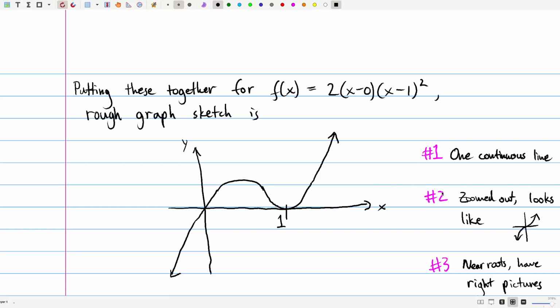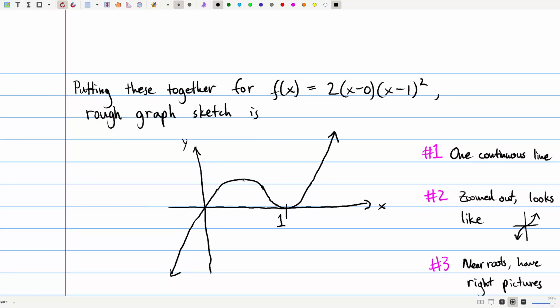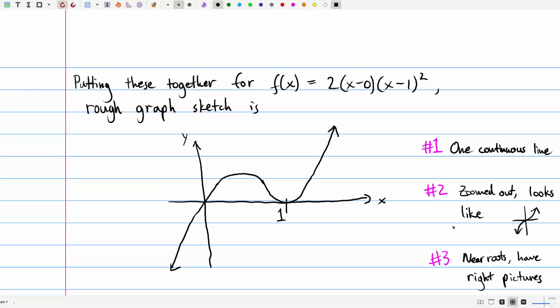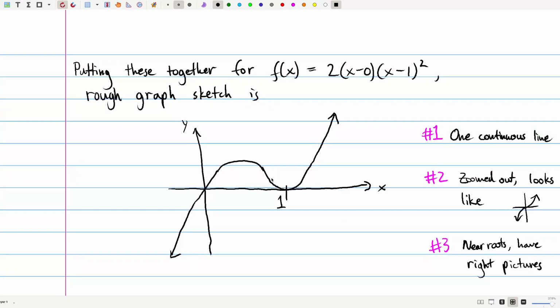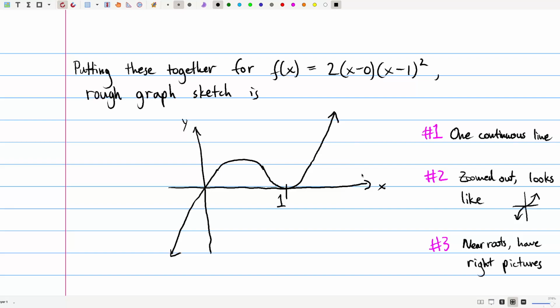Two, zoomed out, we see that it looks like this x cubed function, or 2x cubed. And then for 3, near the roots, at 1 it looks like this quadratic, this little parabola, and at 0 it looks like a line, and it's all connected up. And so that is how you make these schematic sketches.